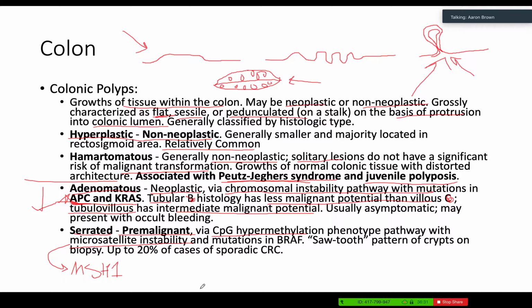And I don't know if you remember from when we discussed biochemistry and we talk about DNA synthesis and DNA repair enzymes, we'll talk about it together, but there's DNA repair enzymes that repair microsatellites.